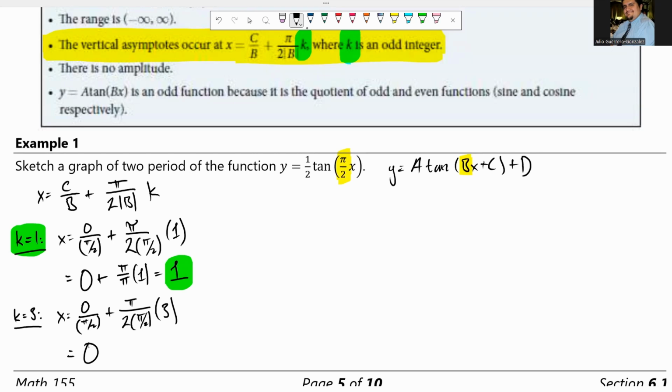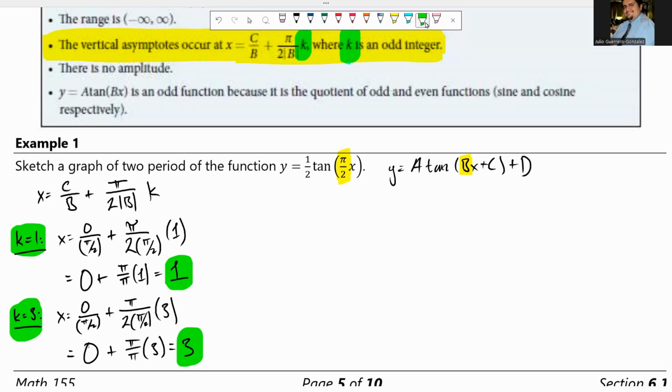This is still going to be 0, plus pi over pi times 3, which is 3. So when k is equal to 3, my asymptote's equal to 3. Hopefully you guys see what's going on here. When k is 1, my asymptote's at 1. When k is 3, my asymptote's at 3.